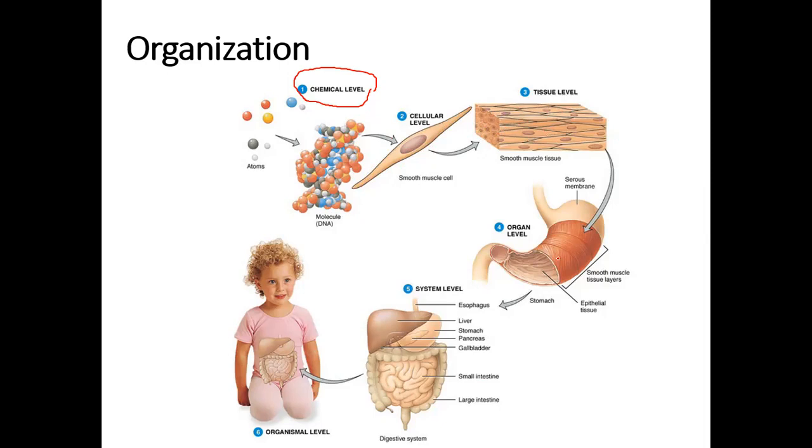And then many organs, like maybe the stomach and the liver, get together and develop a system. As an example, the digestive system has several organs as its components. Okay, so at the organism level, we have a set of systems working together. So that's how we are built up.